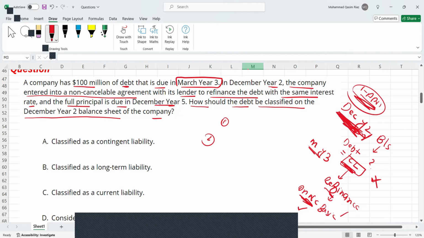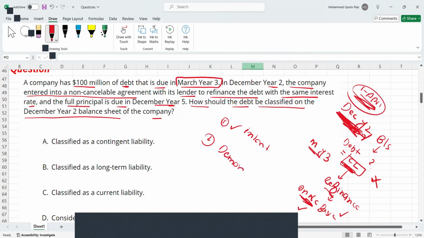So now which 2 points are there? Point number 1, if a company has intention to refinance this liability on non-current basis. First point is company has intention at reporting date or up to the date when financial statements are authorized to issue.